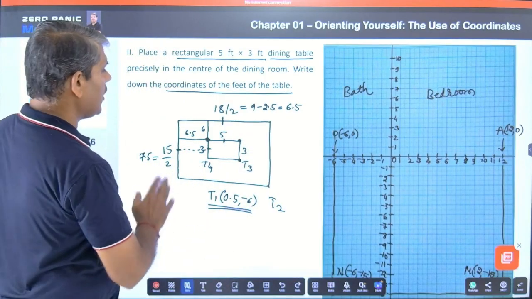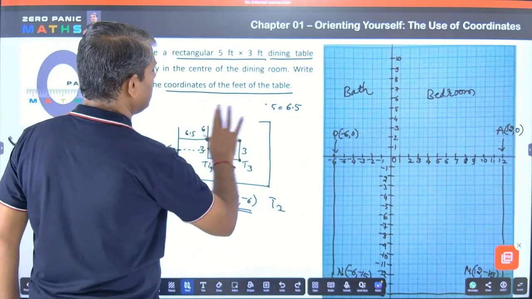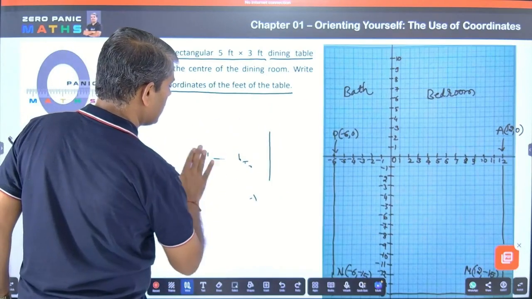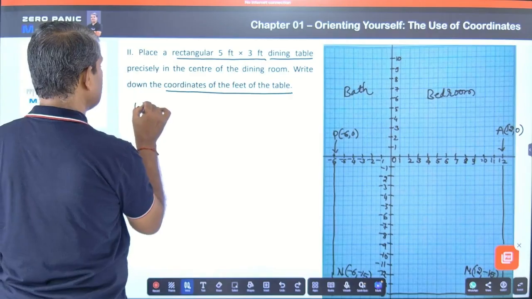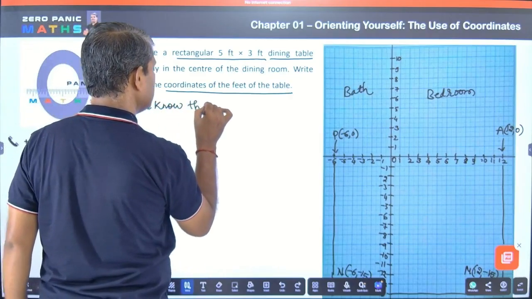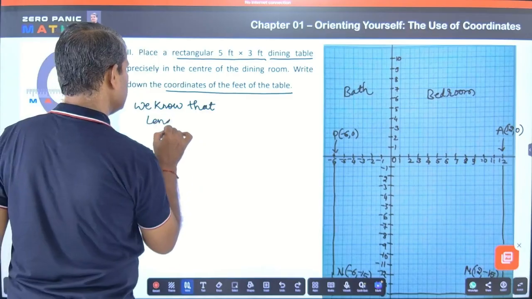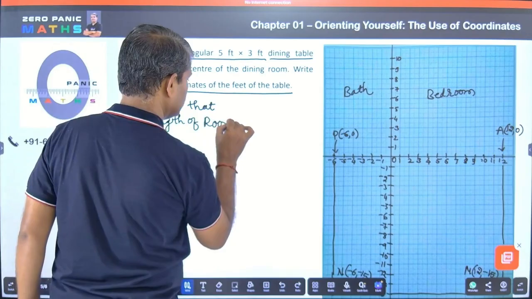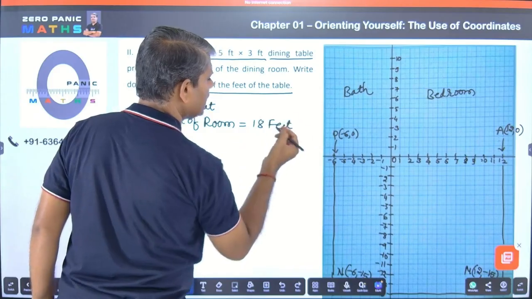Now let us do the same thing over here. Let me erase this and talk about the problem. How did we do that? We know that the length of the room is equal to 18 feet, that is given.